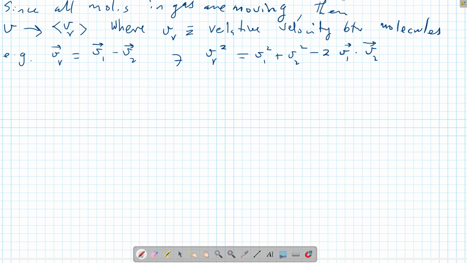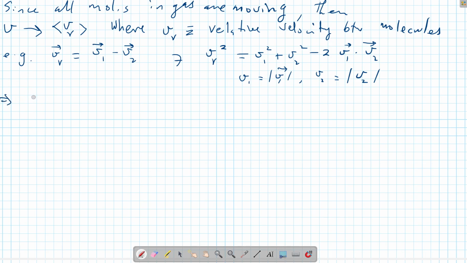You can compute this, where V1 is the magnitude of velocity 1 and V2 is the magnitude of velocity 2.